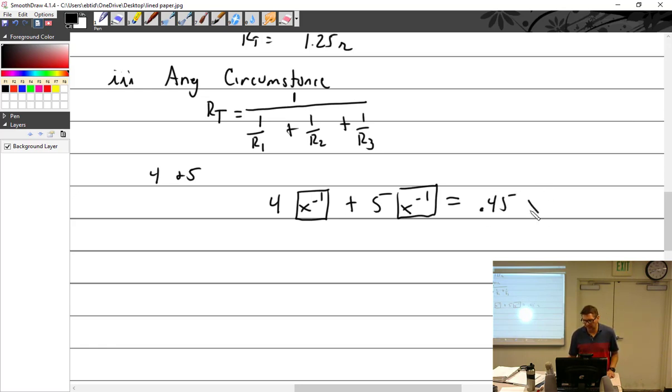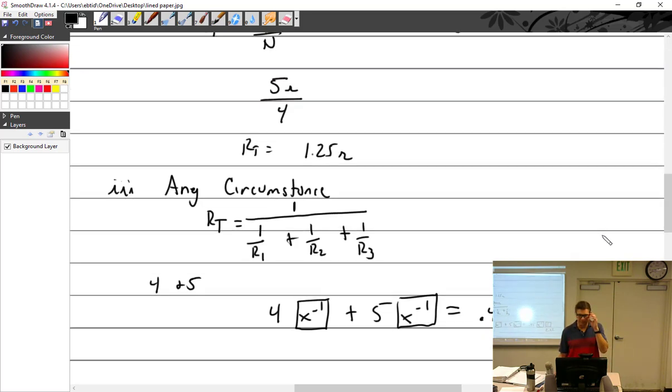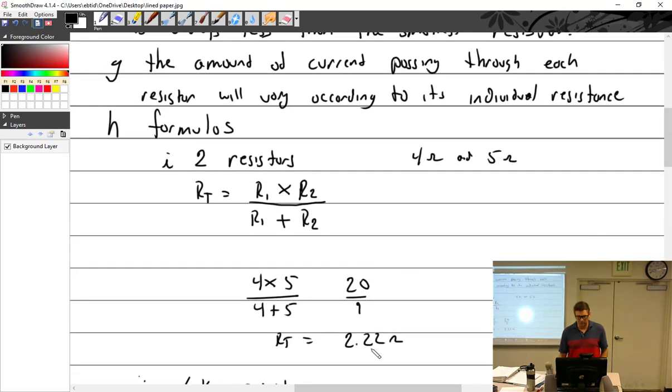Now you have to hit the x minus 1 key again, equals, and you get 2.22, which is what we got before up here.